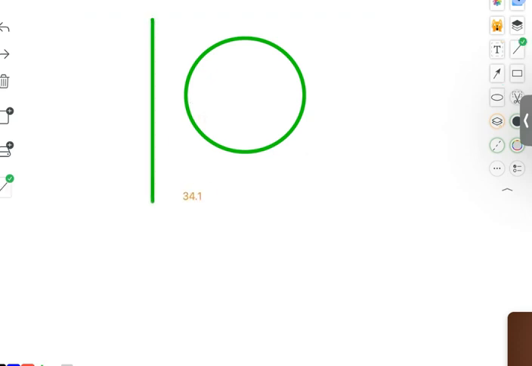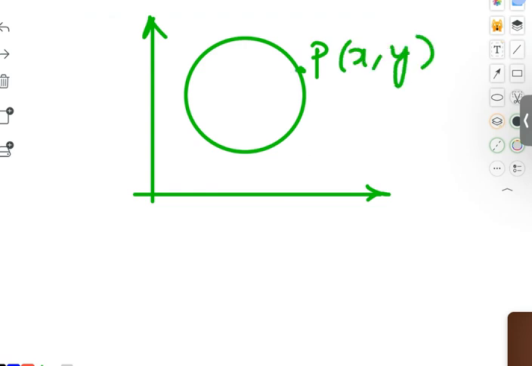Let P be any point on the circle, defined by x comma y. x comma y is just any random point. The fixed center has coordinates h comma k.